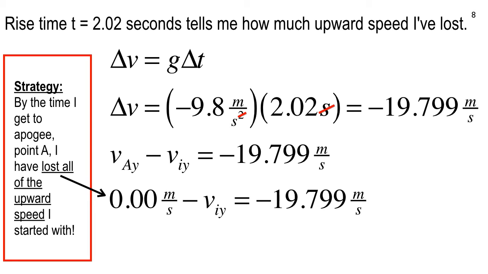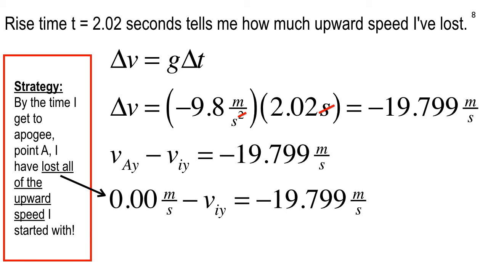And my unknown here, the initial y component of the velocity, is, if you think about it, the only unknown that I have. So I've got numbers everywhere else, so I can get it. We can get it.